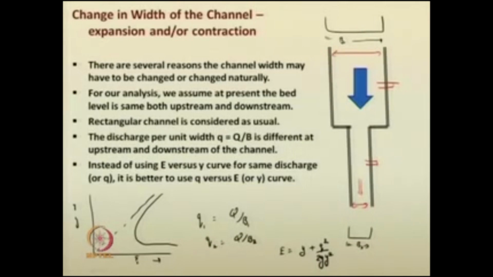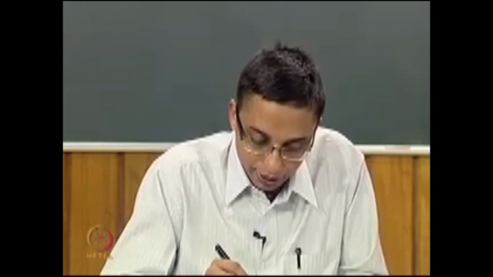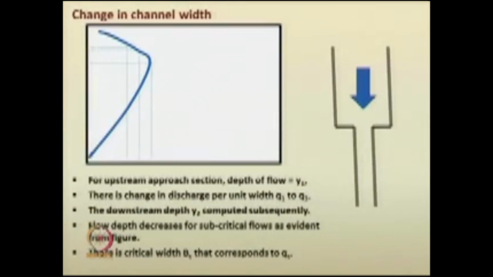Now, instead of using the specific energy versus depth of flow curve for the same discharge, it is better to use another curve, that is the discharge per unit width, small q, versus specific energy curve. One can easily build such a curve. If I give on the x axis the discharge per unit width q, and on the y axis both E as well as y, then you can easily plot them.